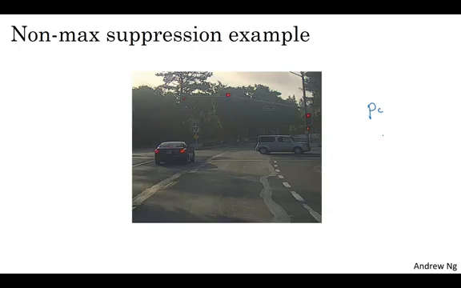So when you run your algorithm, you might end up with multiple detections of each object. What non-max suppression does is it cleans up these detections so that you end up with just one detection per car rather than multiple detections per car.